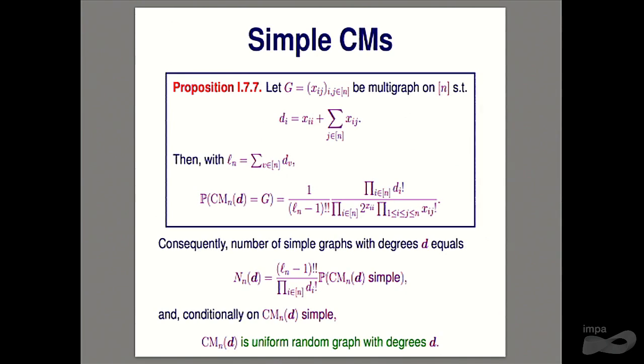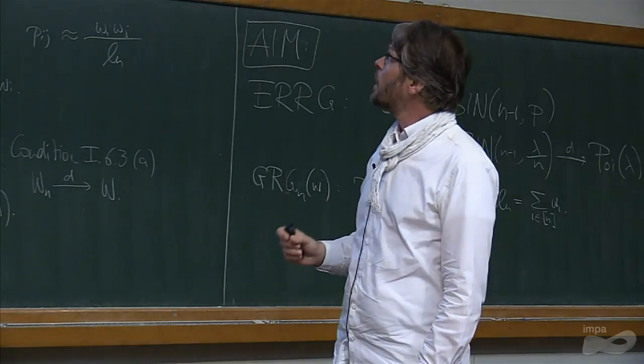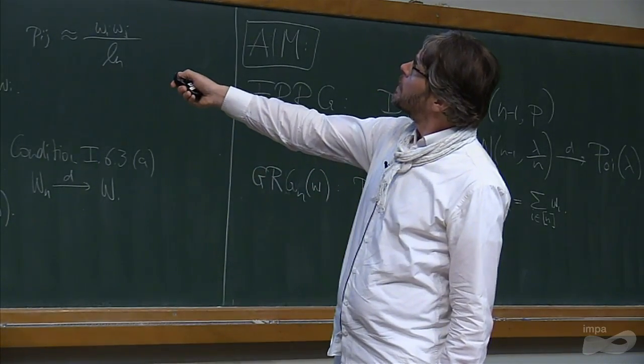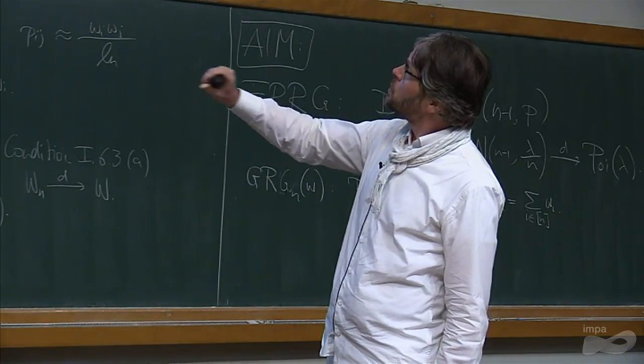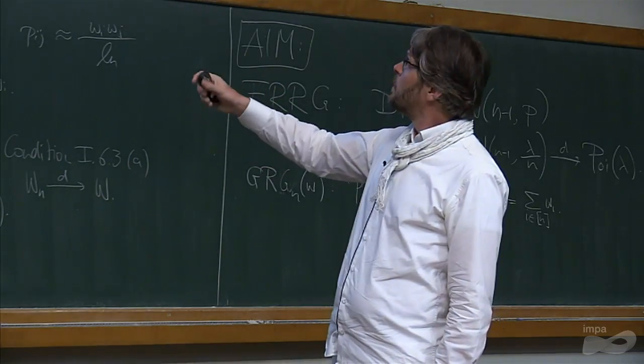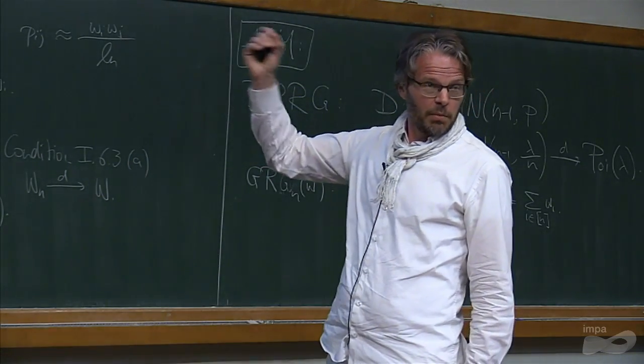It actually remains strictly positive and converges under the assumptions that I was creating. That's pretty nice. So then it actually means that if I want to know how many graphs there are with a given degree distribution, well, if I look at this thing and condition on simplicity, then this number is always the same.